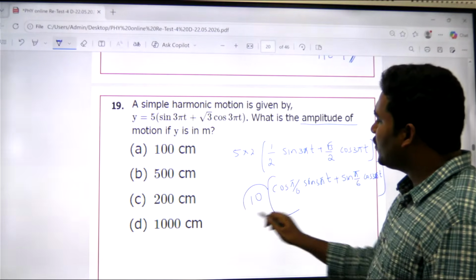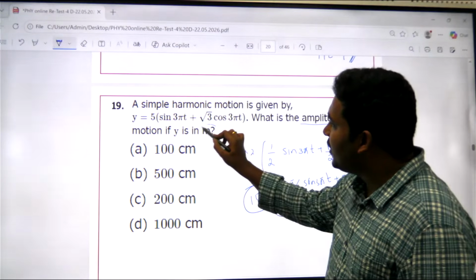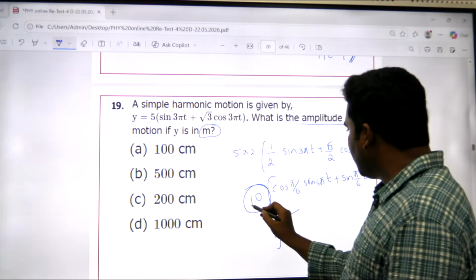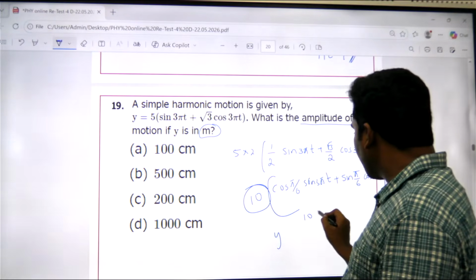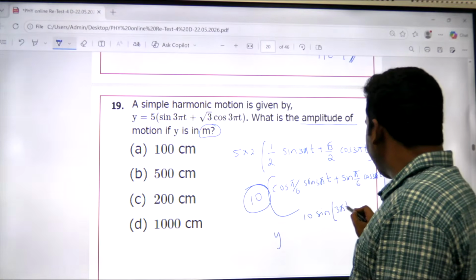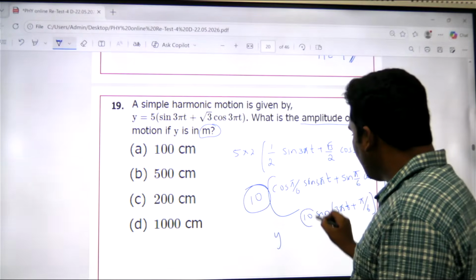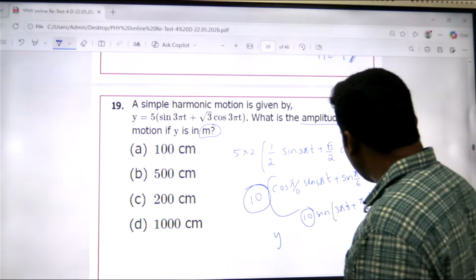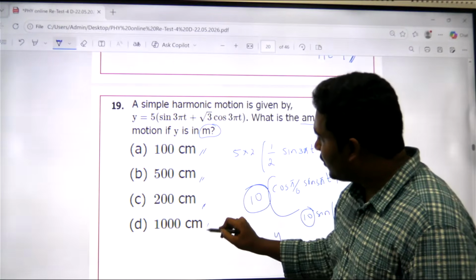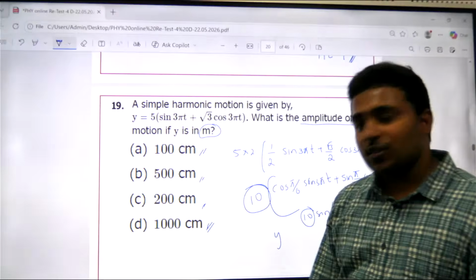So what's your amplitude? 10 meters, because he said that y is in meters. So this is 10 into sine of 3 pi t plus pi by 6. Your amplitude is 10 meters, but your options are all in centimeters, so 10 into 100 is 1000 centimeters.